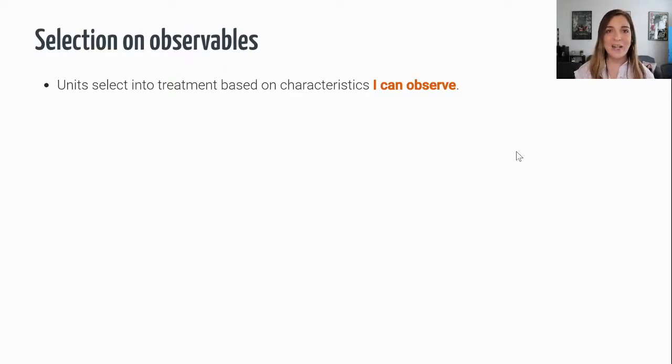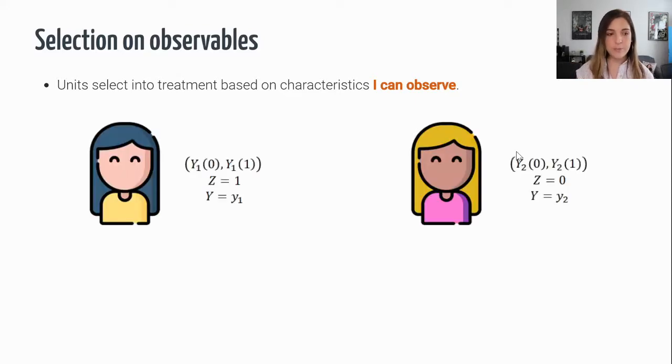It doesn't mean that I can physically see whether that woman is female or male or something like that, but I need to be able to code it and incorporate it in my model. So everything that's in my data set will be something that I can observe, and I'm assuming that every way that the units select into treatment or control group, I can observe within my data.